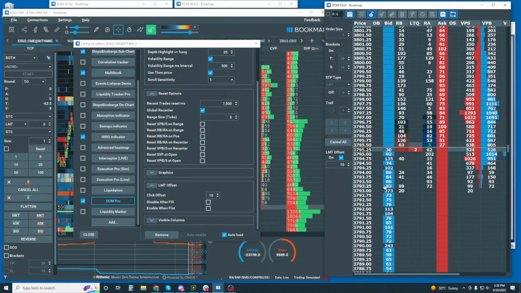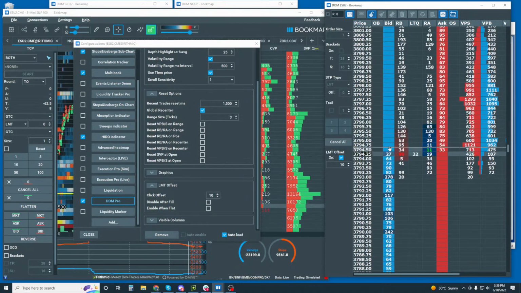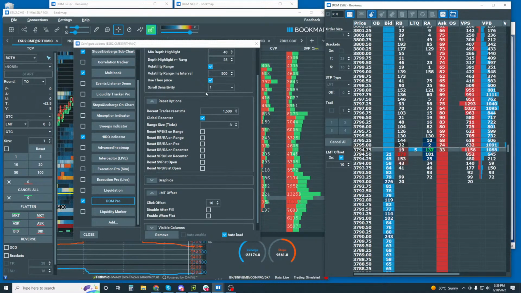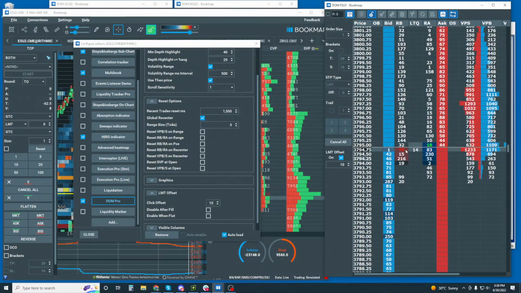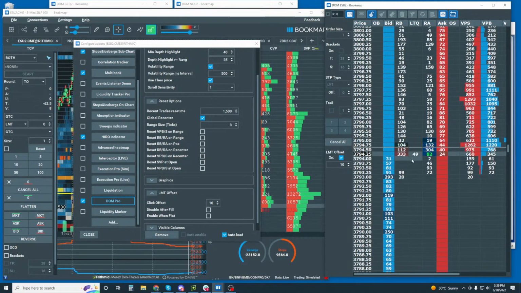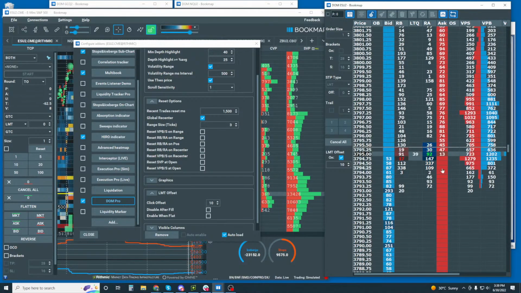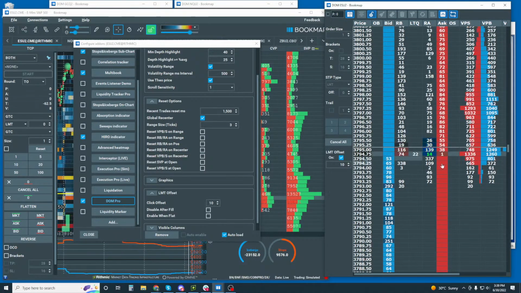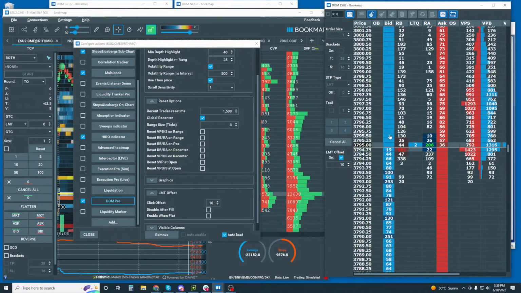Again, this is a fantastic tool to use with your volatility range tool. For example, you're looking for this to move a certain amount, and then click in the column to set your order there very quickly.